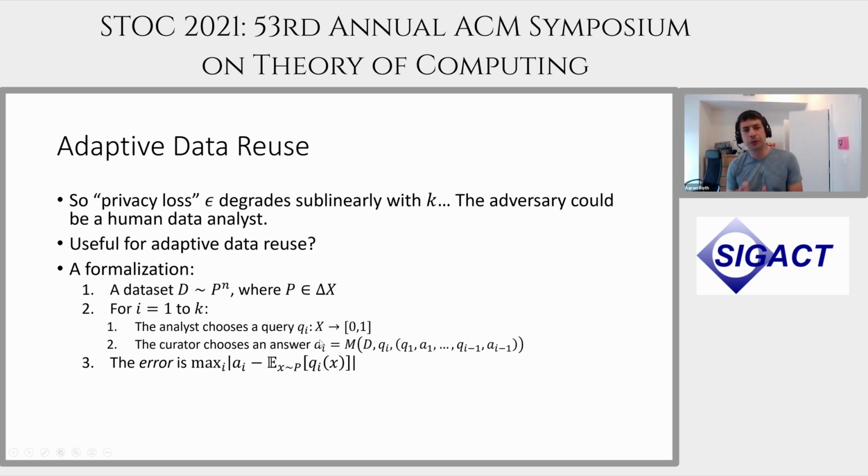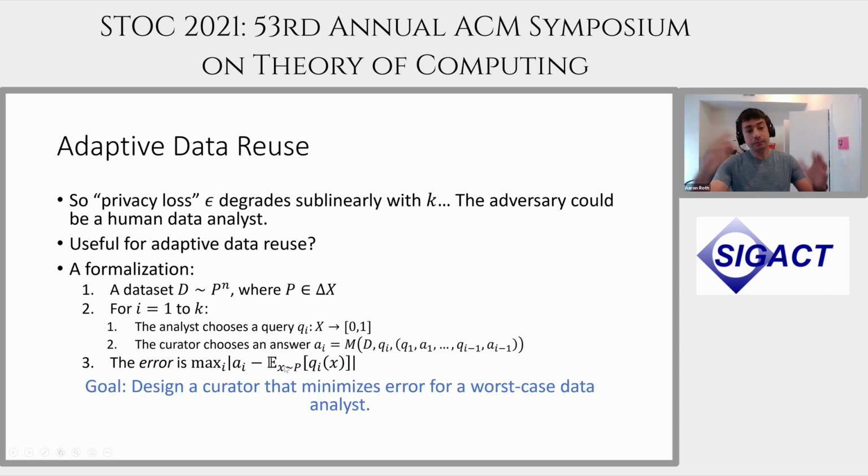And after k rounds, we will evaluate how well the analyst did by asking what is the max error, the worst error of any query asked with respect to the underlying distribution. So we'll evaluate the analyst by asking what is the biggest difference for any answer that the analyst proposed compared to the real answer, which is the expected value of this query on the underlying distribution. And our goal is to design a curator that minimizes the error for a worst case data analyst.